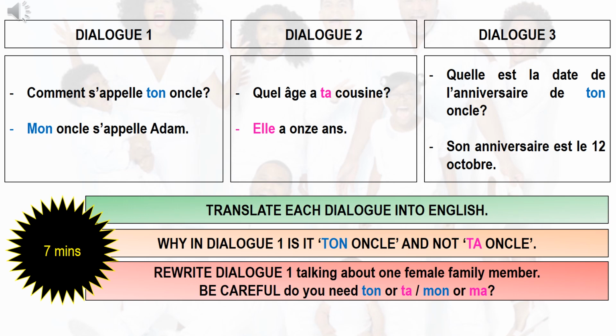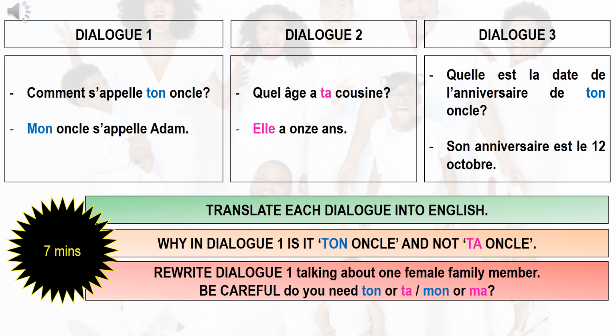If you have time left and if you want to challenge yourself a bit further, you can try and do the secure task, which is the orange task, and you need to write down the answer to the question, which is why in dialogue 1 did I write ton oncle and not ta oncle.